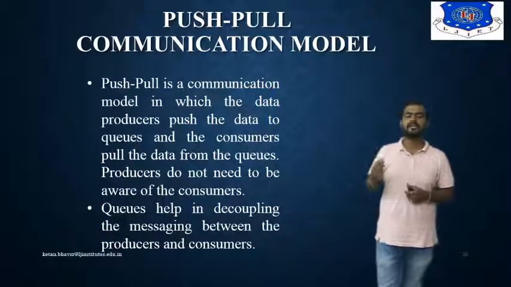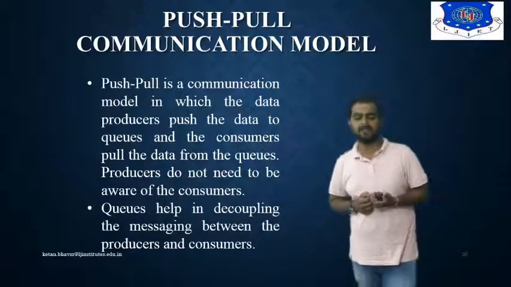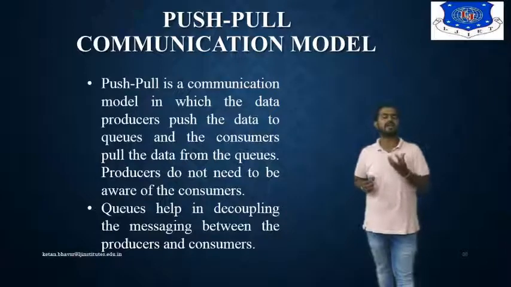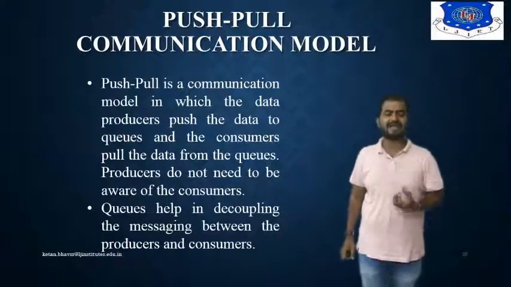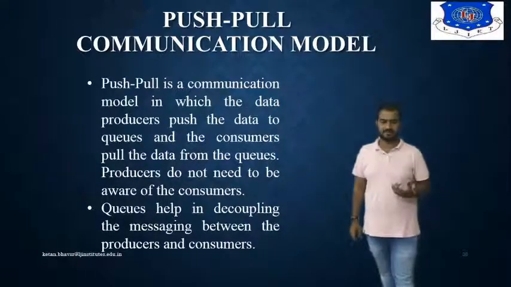The queue helps in decoupling the messaging between the producer and the consumer side. So here you can see that in push-pull communication, the queue plays an important part in providing the communication between the two parties, or we can say a client and a server.